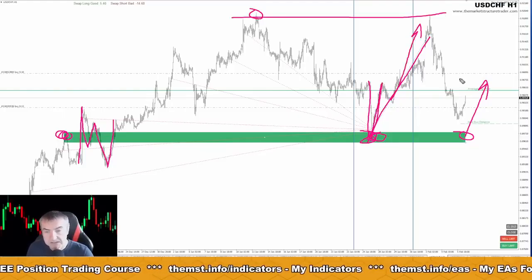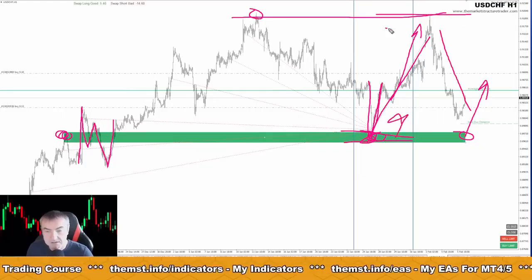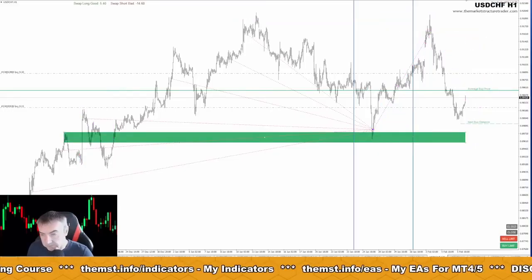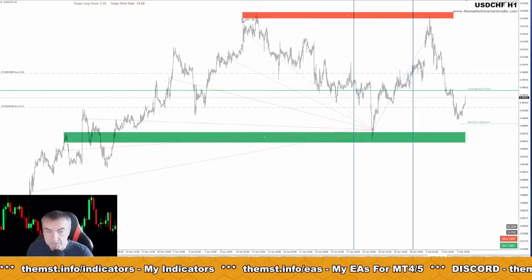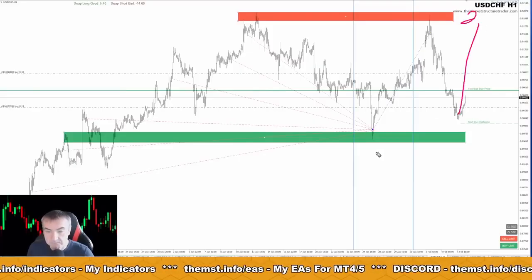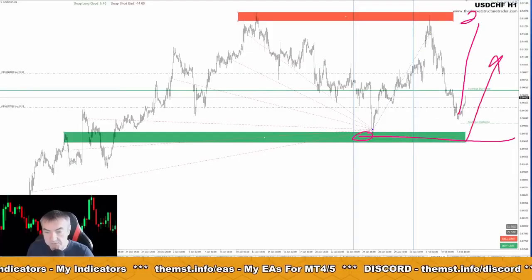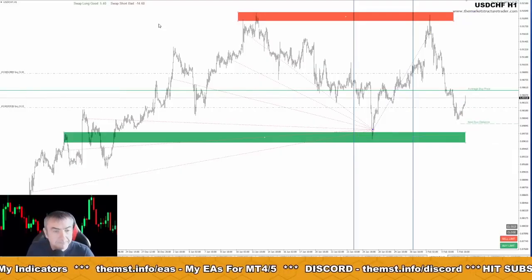So we've also rejected, and now we've come back down. So this is the battleground long. This is the battleground short. And I have to put my target in. Yeah, that's upside target. So upside target and third entry long down there. There we go. That is all of them.